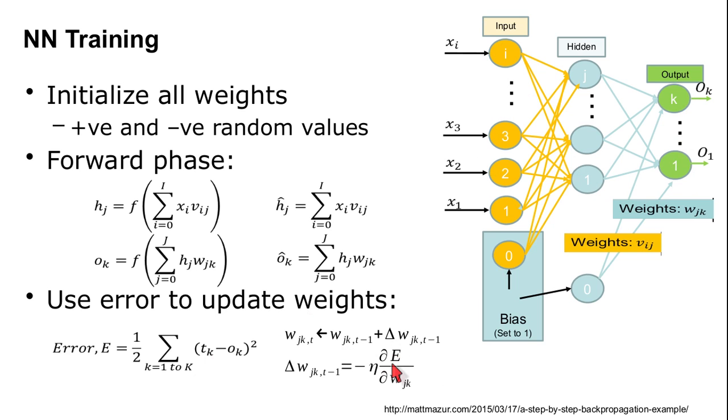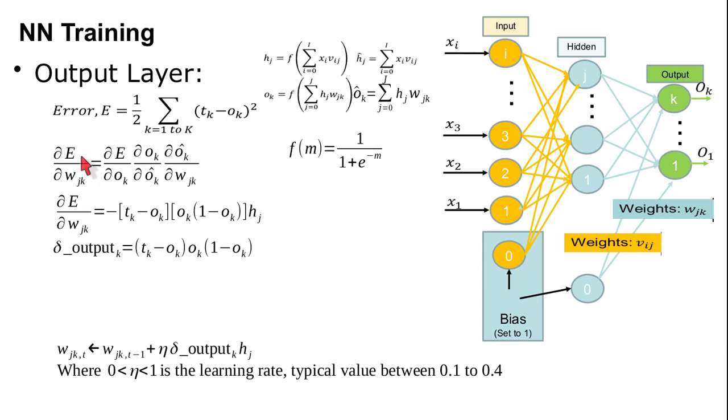A partial derivative of the error value is taken with respect to every weight factor, and that's used to update Wjk. Similarly, to update Vij, partial derivative of the error is taken with respect to Vij, and this is used to update Vij. So let's look at the output layer and figure out how to update the weights Wjk with respect to the error, which is defined like this.